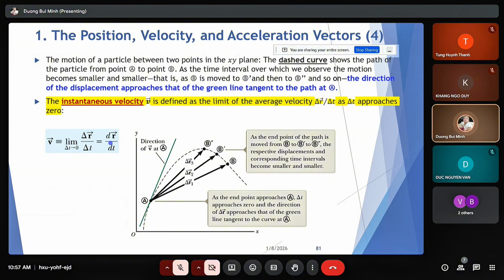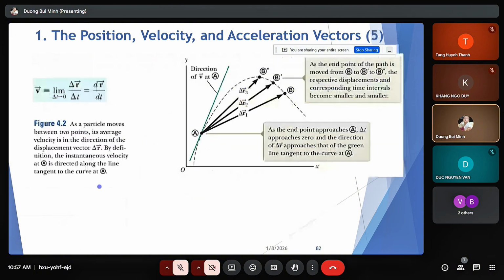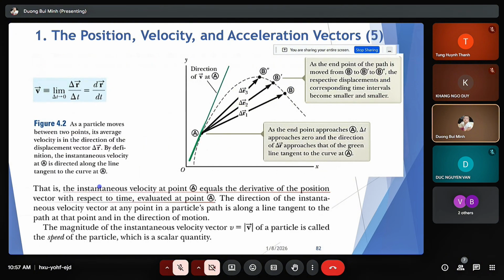But remember that now we consider two dimensions, x and y. So instantaneous velocity is the tangent line of the position curve.